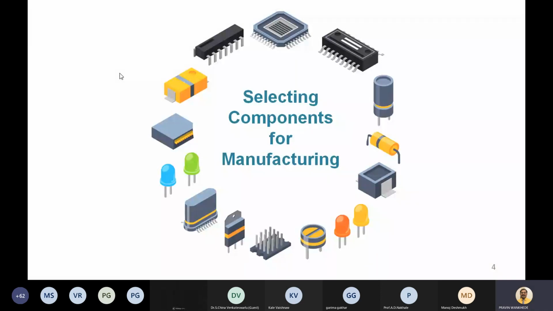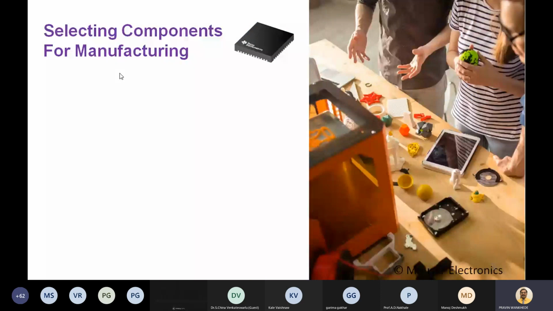So while selecting the components for manufacturing, what are the different factors that you have to think about? Choosing components for manufacturing involves a number of trade-offs. Why am I calling them trade-offs? Because we cannot fulfill all these criteria while selecting the components.